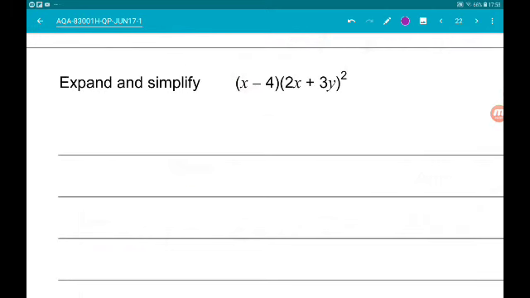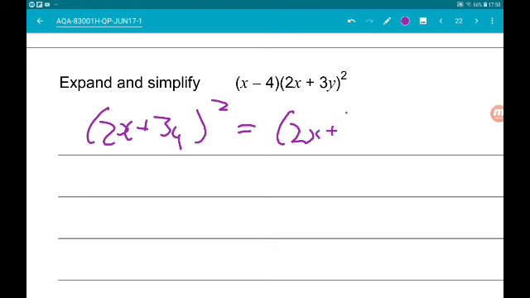Okay, question 26 wants us to expand x minus 4 times 2x add 3y squared. So the trick to doing an expansion like this is not to do it all in one go. So let's do 2x add 3y squared first of all. So this means 2x add 3y times 2x add 3y.